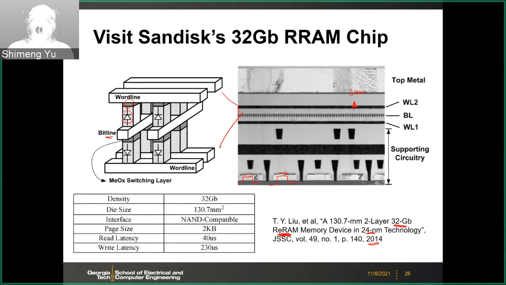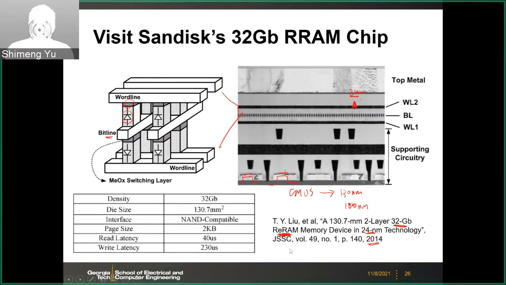So I would say the CMOS peripheral circuits in this design are probably in like 130 or 180 nanometer, and they didn't disclose that. But the pitch here is very small, like 24 nanometer. This is disclosed. But if you look at those transistors, they are large.